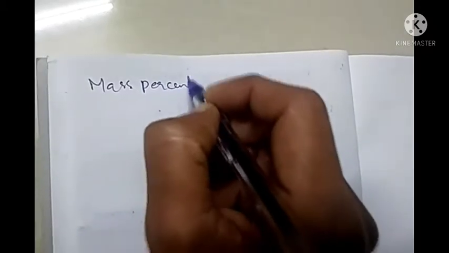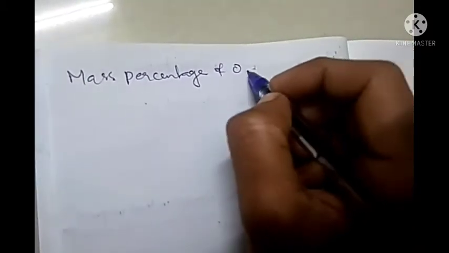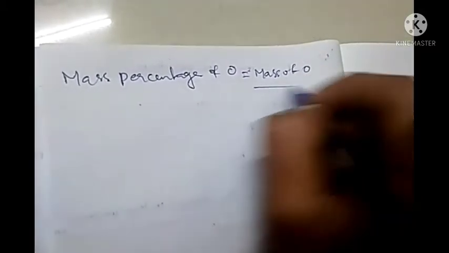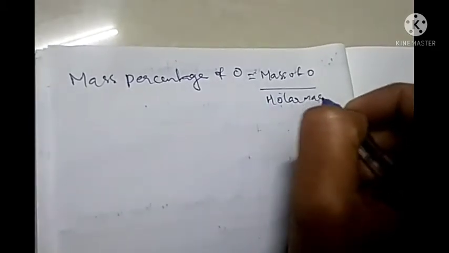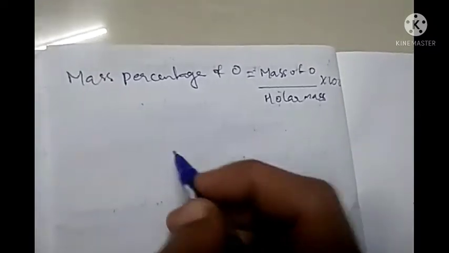Now we can calculate the mass percentage of oxygen in water. Mass percentage of oxygen is equal to mass of oxygen divided by molar mass into 100.